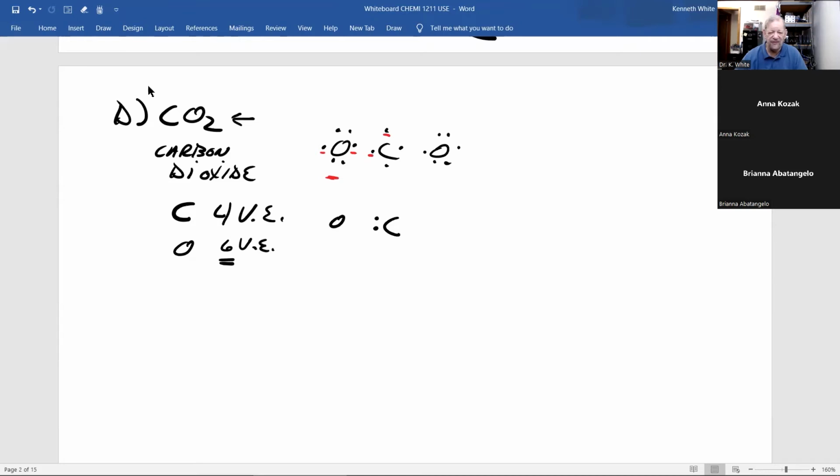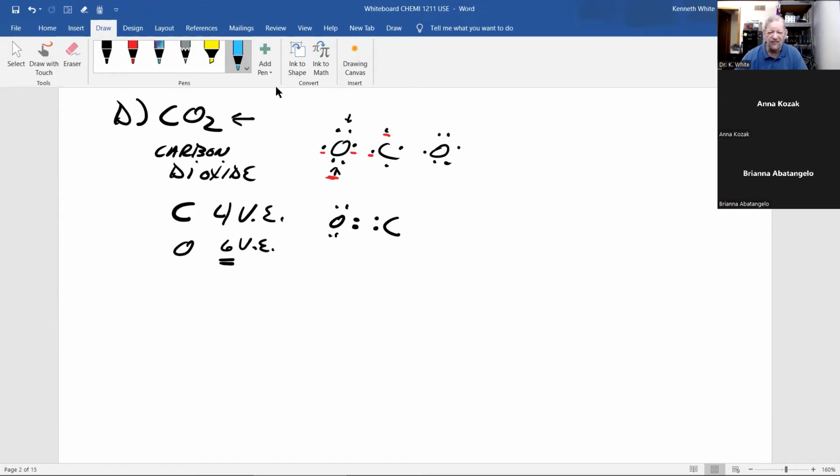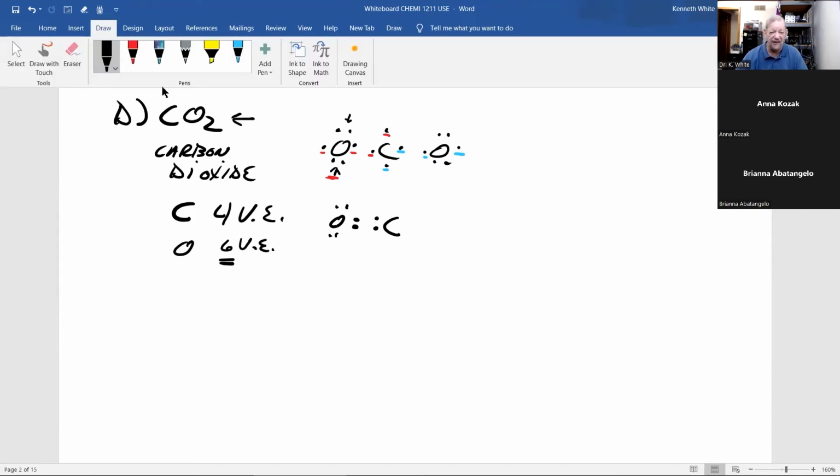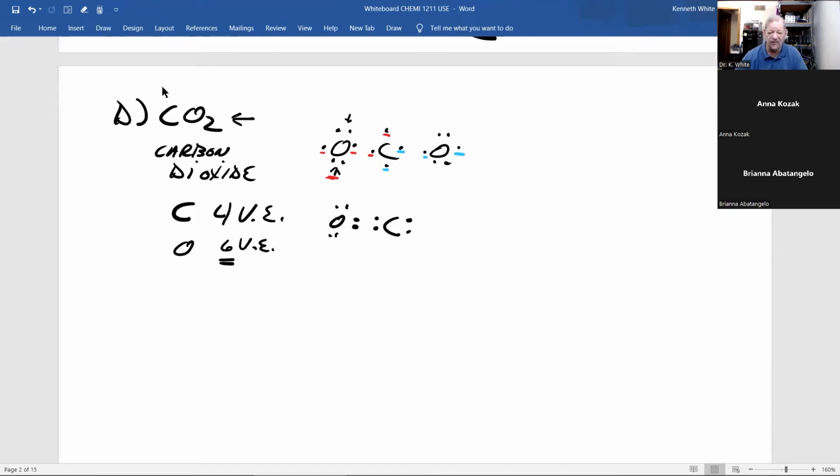Carbon has 2, oxygen has 2, and the non-bonding electrons, top and bottom pair, come along for the ride. This oxygen says, carbon, you still have 2 single valence electrons. I have 2 single valence electrons. Let's share. And they do. This has 2. This has 2. And the non-bonding electrons, these pairs, come along for the ride.